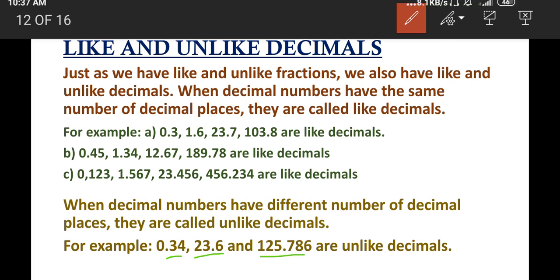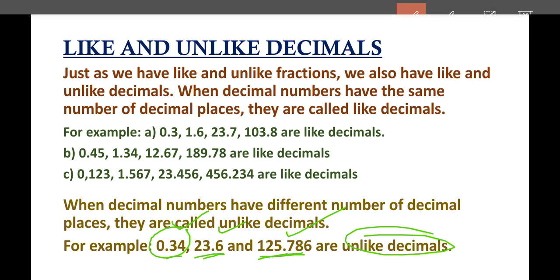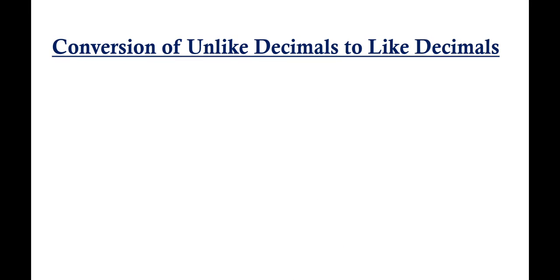In the first case, it goes up to the hundredths place; in the second it is the tenths place; and in the third it is the thousandths place. The first contains two digits after the decimal point, the second contains one digit, and the third contains three digits. So all these three numbers contain a different number of decimal places, and we can say that they are unlike decimals.